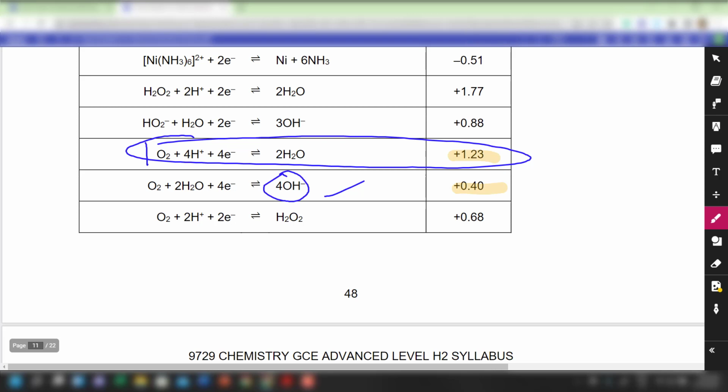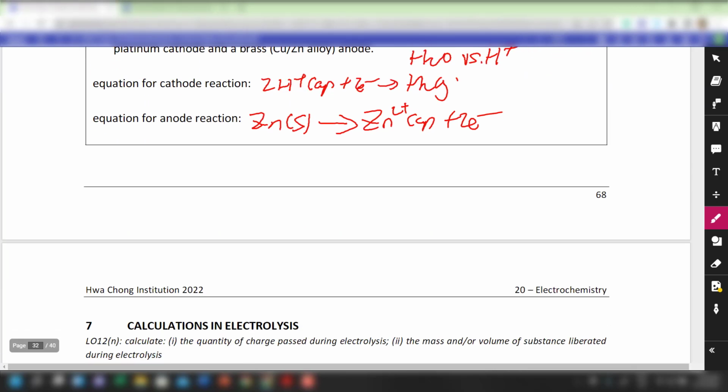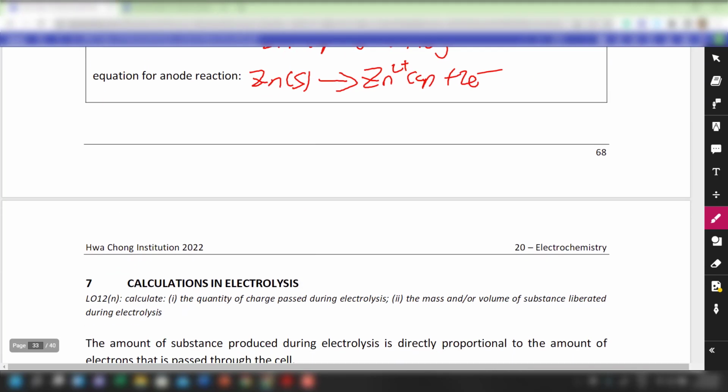Zinc to zinc 2+, remember, is negative 0.76 volts. That's obviously less positive than that of oxygen to water. So when you compare across the three, zinc to zinc 2+ is negative 0.76 volts, copper to copper 2+ is positive 0.34 volts, and oxygen to water is positive 1.23 volts. So obviously zinc will be oxidized to zinc 2+ aqueous. I hope you are clear about what is going on.